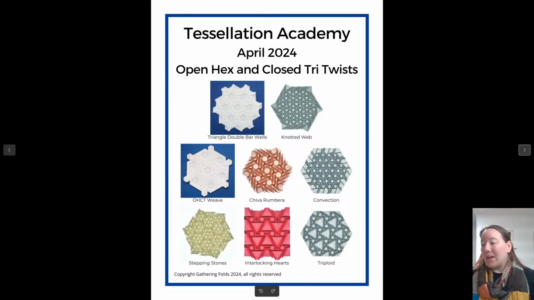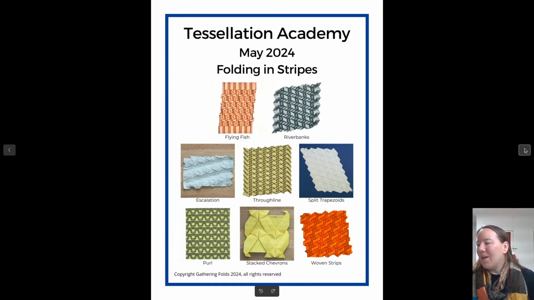I did a whole topic on open hexagon and closed triangle twists and the two special properties that make this particular pair of hexagon and triangle twists really interesting to work with. There's also some topics that are more about technique and less about a particular structure. So this one's all about folding in stripes.